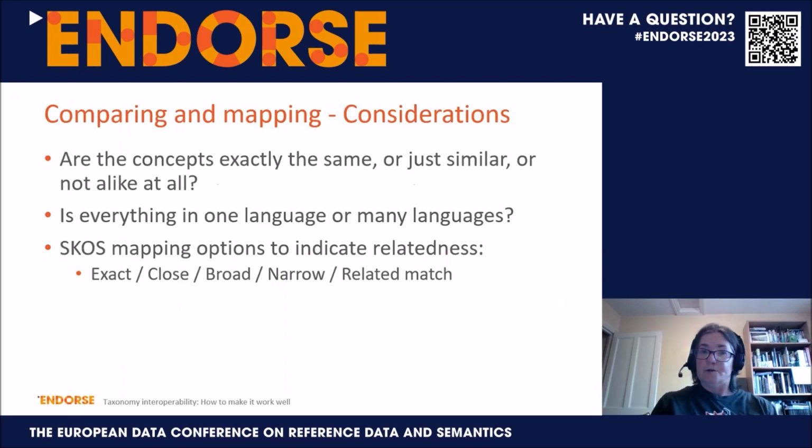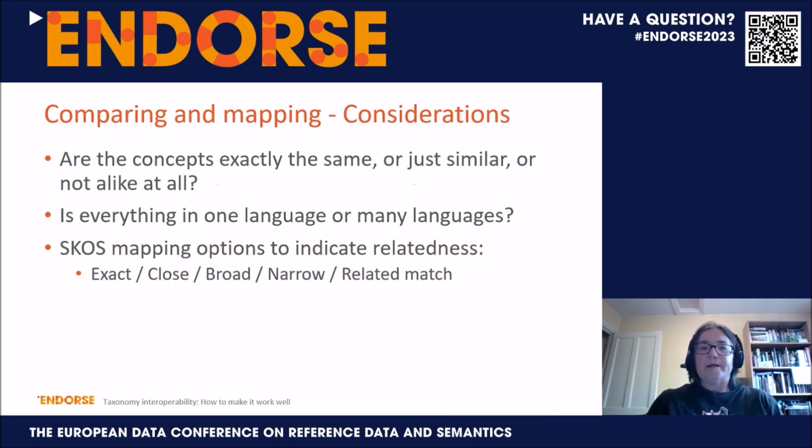And then, many of you will know if you're working in multiple languages, you've got that extra layer of complexity, because in many places concepts might be untranslatable or just very hard to translate back into the language you're working in.